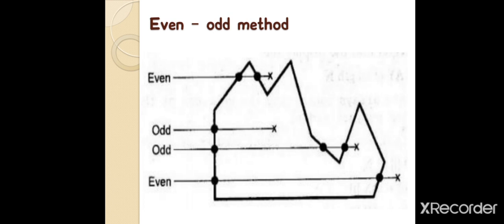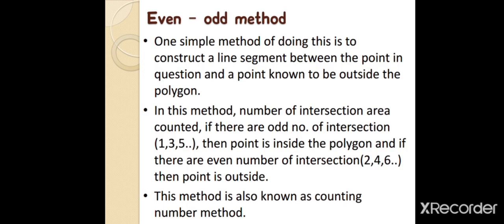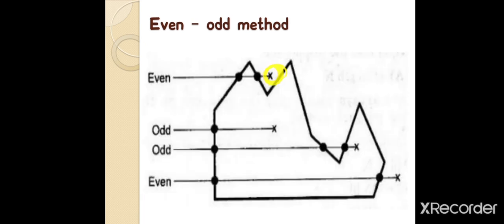According to the even odd method, what do we have to do? We have to first draw a line segment between the point in question and a point known to be outside. Here this is the point given in the question. We have to construct a line with one point which is sure shot outside the boundary. So suppose we are considering this one as the outside point. This is the question point.